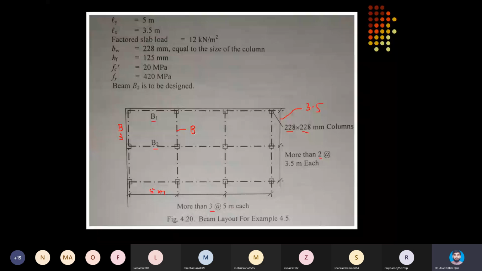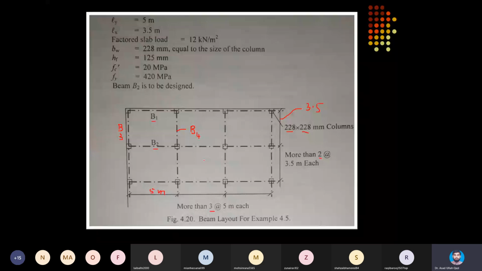So if panels are equal in size along x-axis and equal in span along y-axis, then the exterior beam B1 along longer span and then B2 along longer span will be repeated until we get the other edge of the slab.